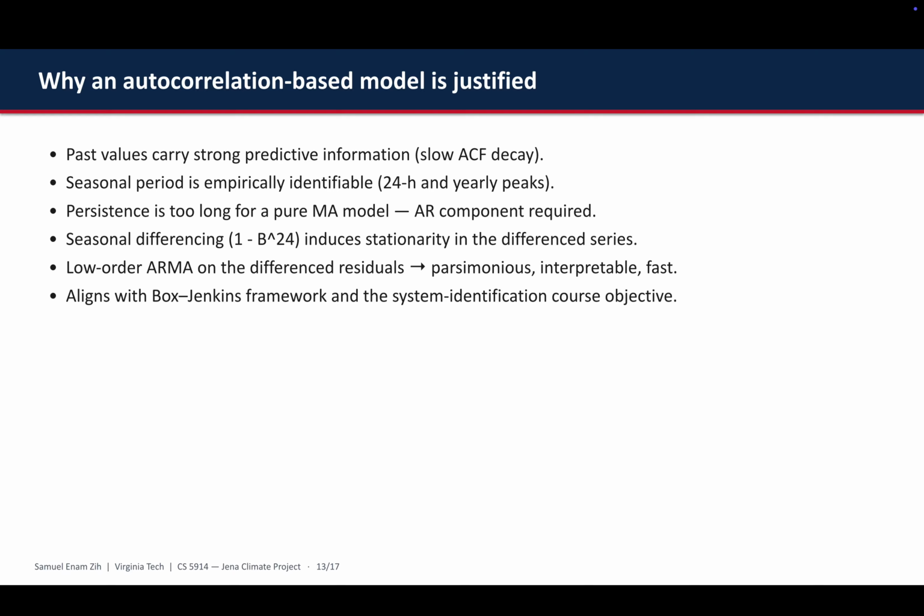The persistence is too long for a moving average model, so we need an AR component. Seasonal differencing at lag 24 will induce stationarity in the differenced series, and a low order ARIMA will then fit the residual. This is a classical Box-Jenkins workflow, and it gives us a parsimonious, interpretable, fast model, which matters for this course.